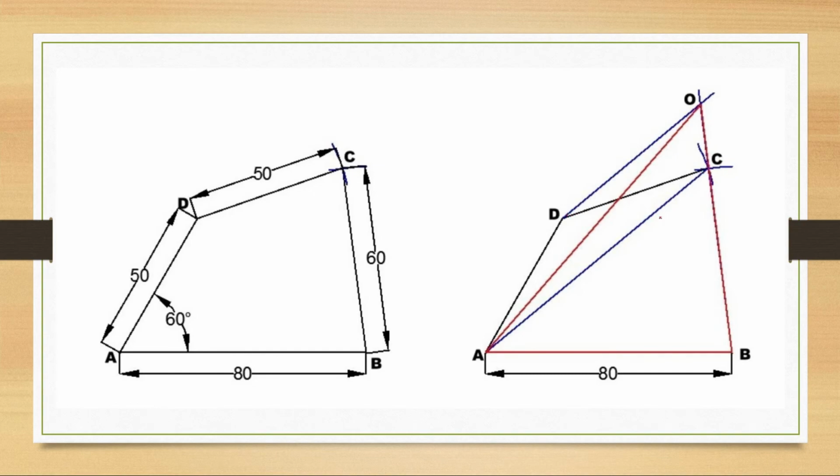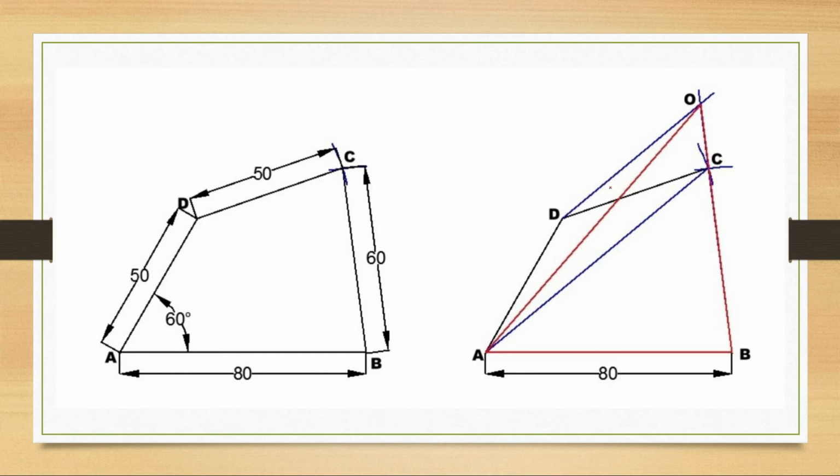Then you will set your drafter parallel to AC, and you will draw the line somewhere in the space, which is the line that goes through D. Then you have to extend the line BC where it will intercept this line, and that intersection point will be O. Then from O it will go straight to A, and it will create one triangle, and that triangle, the triangle in red, is our triangle of interest.